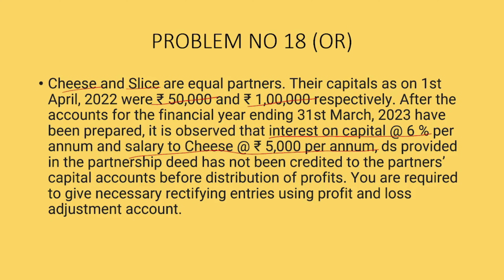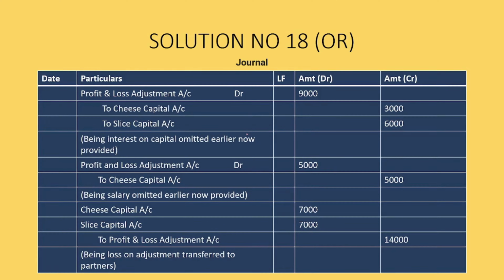So the solution to this question will be: profit and loss adjustment account debit 9,000, to Cheese's capital account 3,000, to Slice's capital account 6,000. How is this coming? Let's have a look.